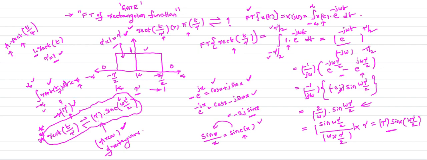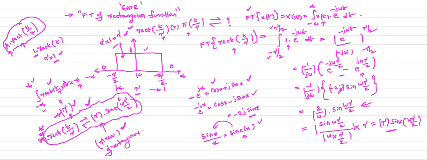After that, simply sinc of omega times tau by 2, where tau by 2 is half of the width of the rectangular pulse. First you develop the rectangular pulse based on the equation given, and using this standard expression you just write the answer. That is the generalized case.